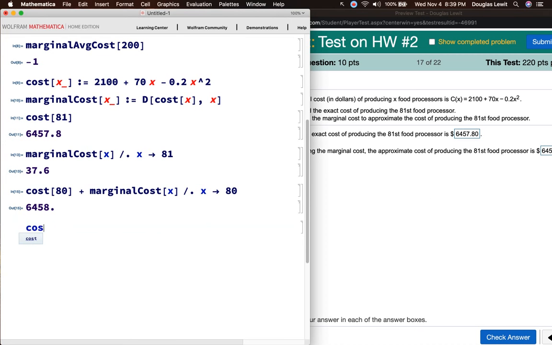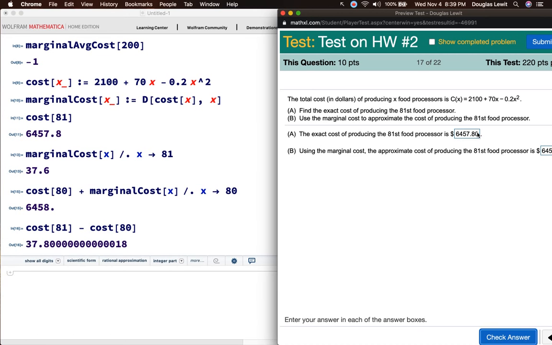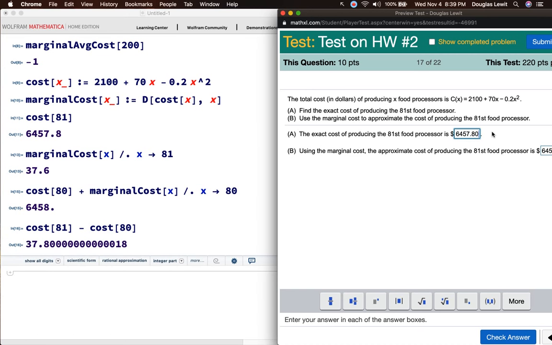So that's going to be cost 81 minus cost of 80. And that's going to be $37.80.